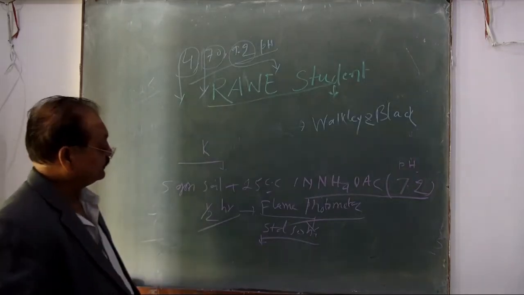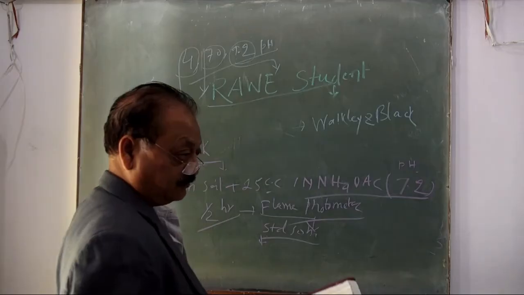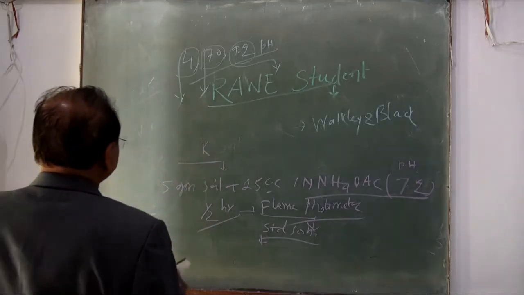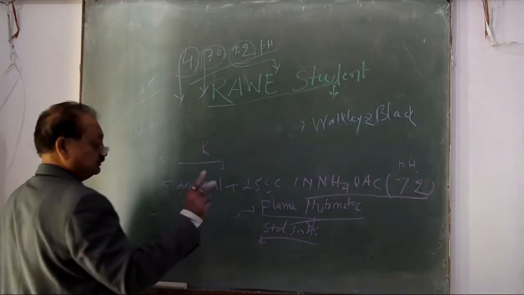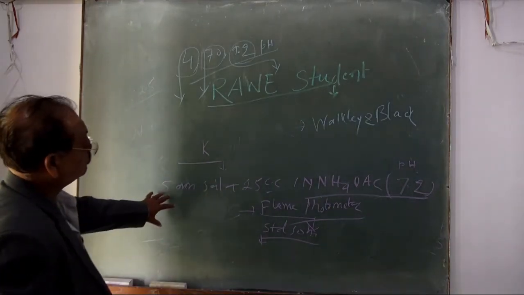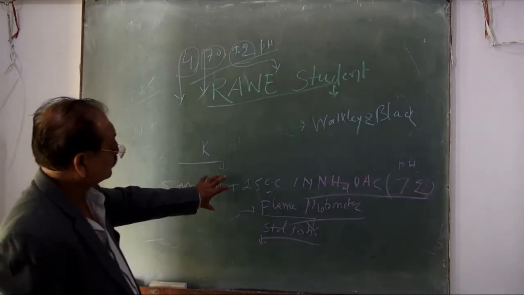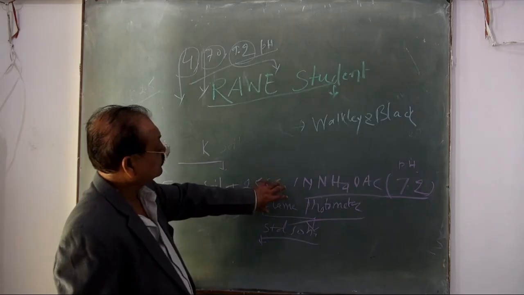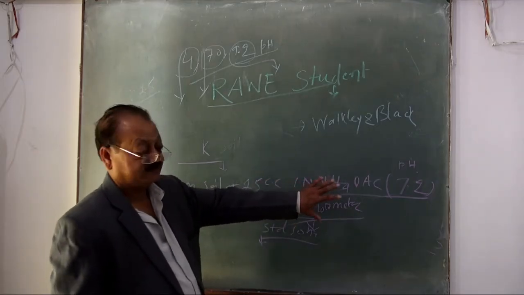Now the question arises, how do you prepare these standard solutions in a laboratory? You take 5 gram soil sample in a conical flask, add 25 cc 1 normal neutral ammonium acetate.